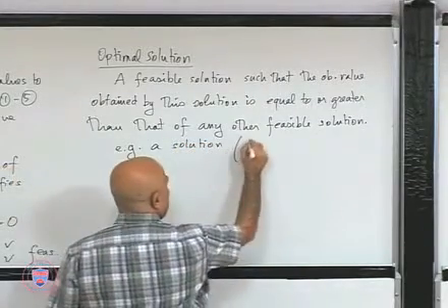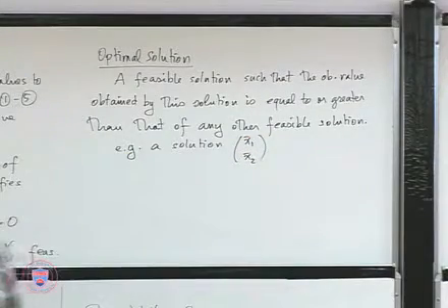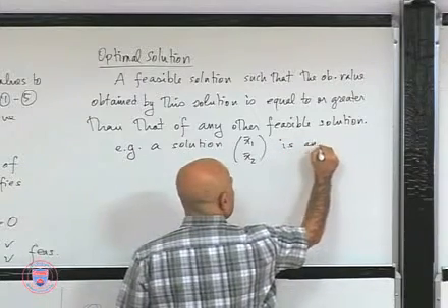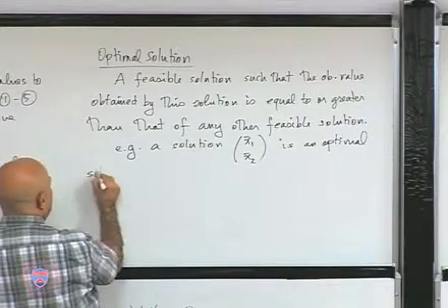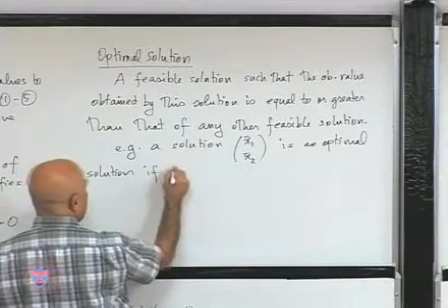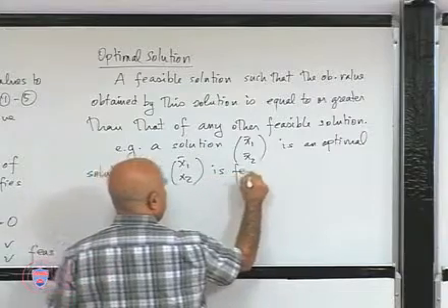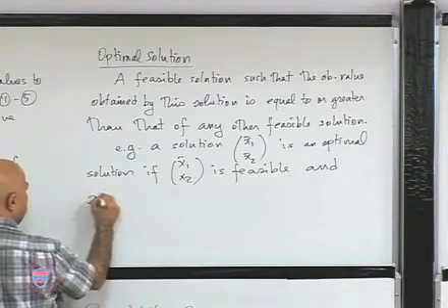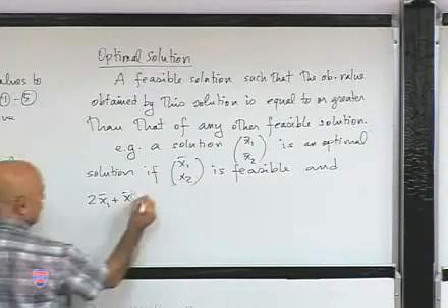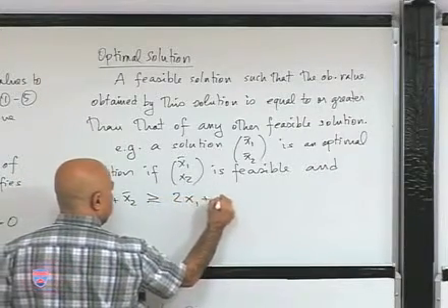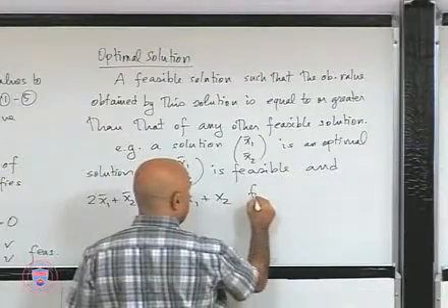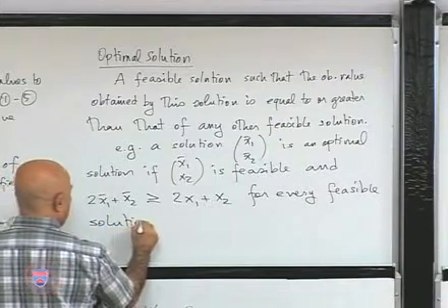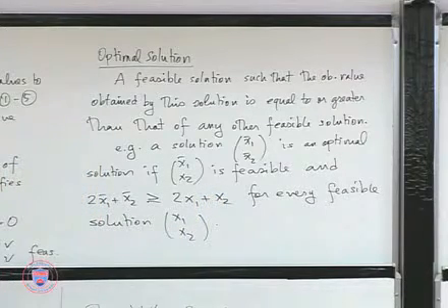A solution with x1 assuming the particular value, say x1 bar, and x2 assuming the value x2 bar, is an optimal solution if this solution is feasible and additionally the value you get for x1 bar plus x2 bar is greater or equal the value you would get for x1 plus x2 for every feasible solution x1, x2. Okay? You have to be precise about these things.